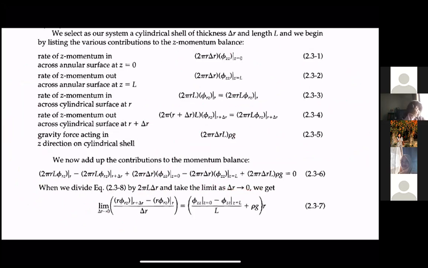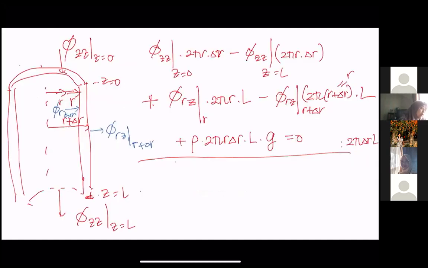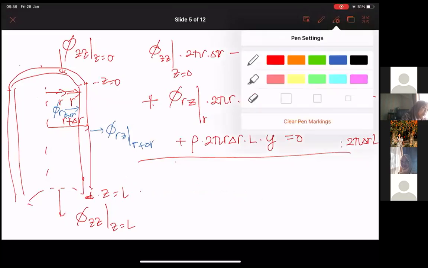Okay, and then let me give you the step by step so you can have a look. Maybe I can rewrite here in a different color.